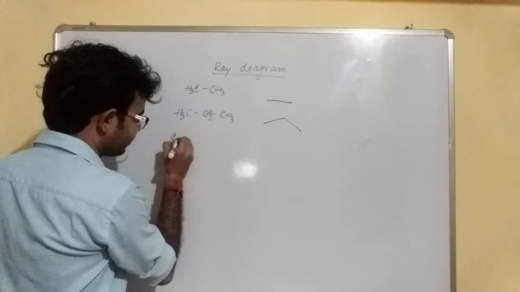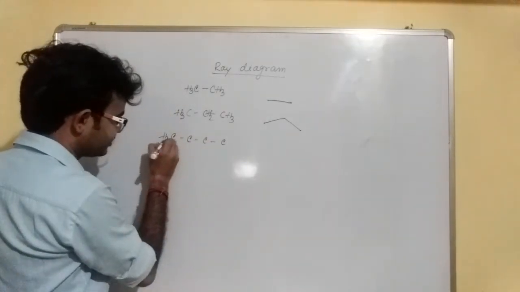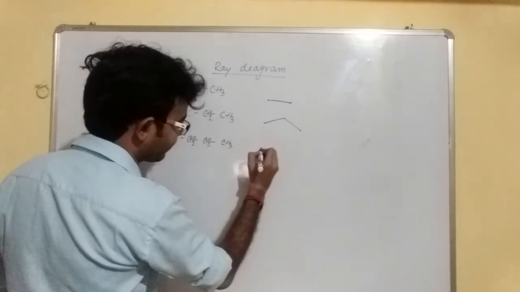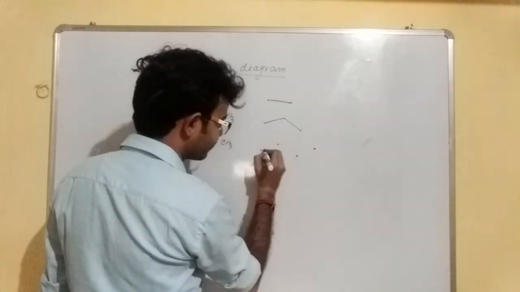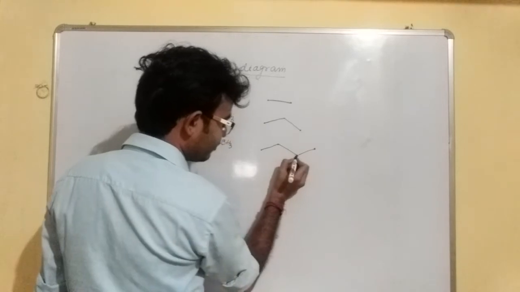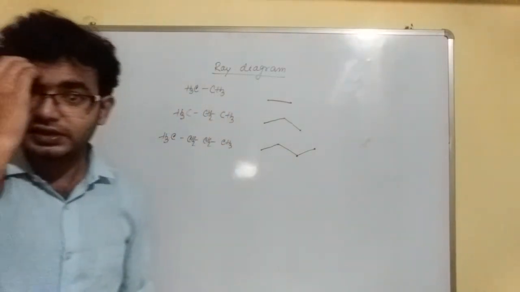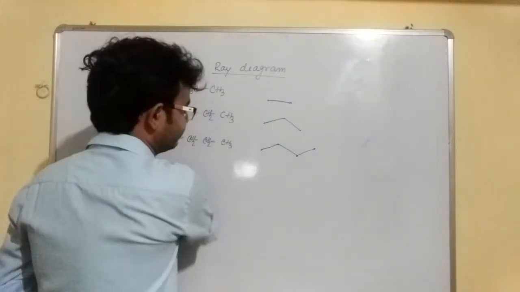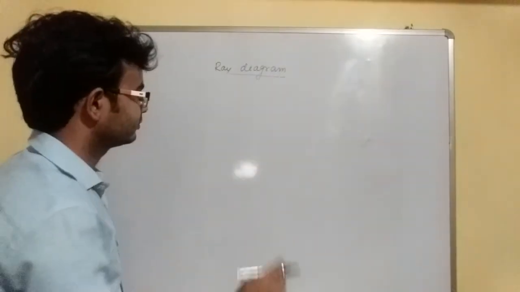Now 1, 2, 3, 4 carbons: CH3, CH2, CH2, CH3. Now I think it is clear how to draw this structure. Now I am doing something different here.